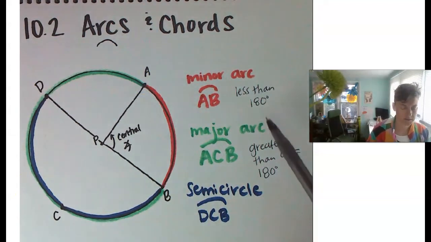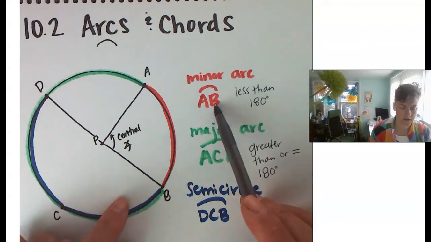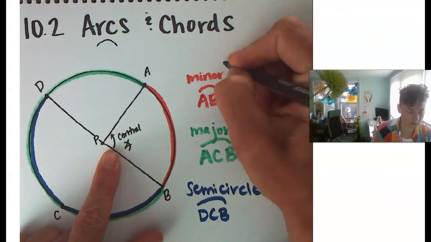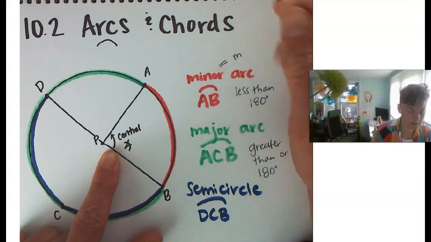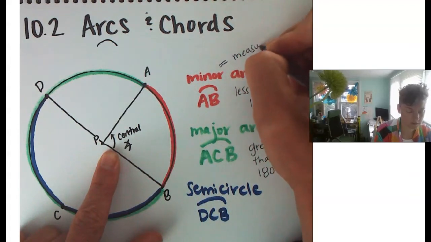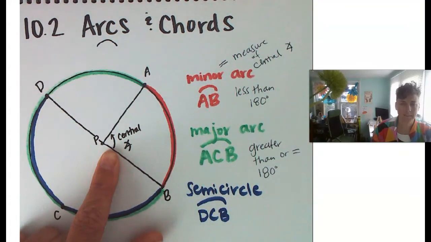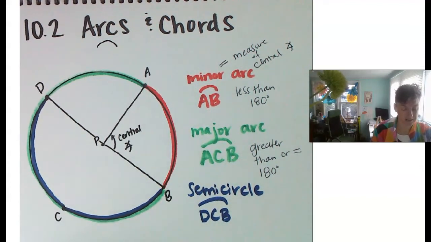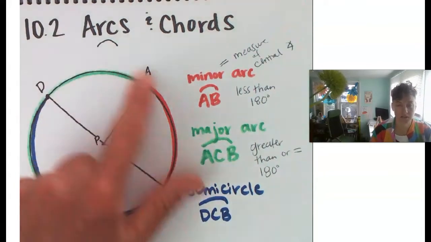So I talked about these measurements here, but how do we actually measure an arc? Well, a minor arc's measure is going to be equal to the measure of the central angle. The major arc is going to be 360 degrees minus that central angle, because a whole circle is 360 degrees.